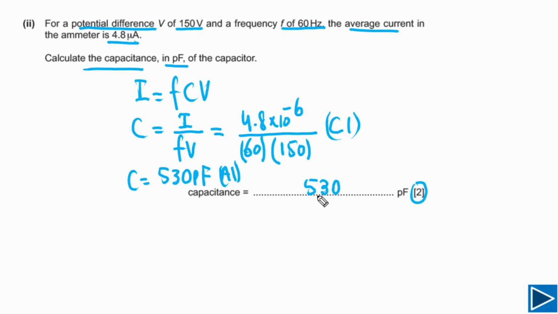But if you got the right answer and you haven't written in this way, still you will get 2 marks. So it is very important to show your working. Even if your answer for this part is wrong, but you have shown this, you will get 1 mark. So always write down the formula, then show your working and plug in values.